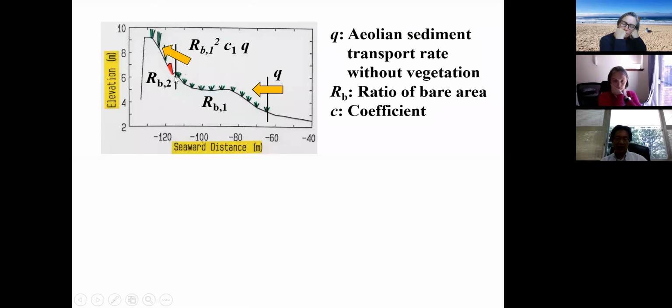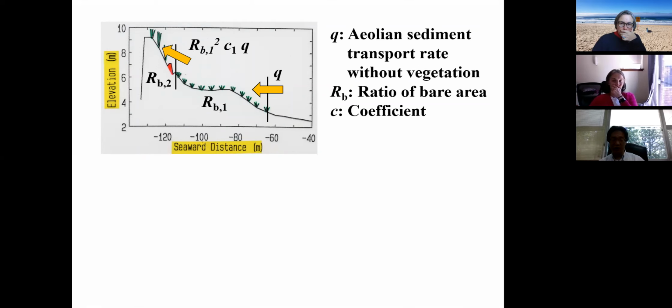Near the landward boundary, the wind fields may have been influenced by the volume. To express such an influence, we added the coefficient C sub 1 here. In fact, the ratio of bare area was treated differently inside and outside the investigation area.